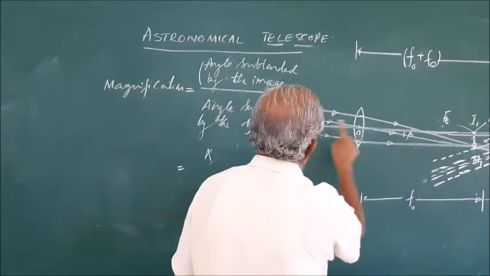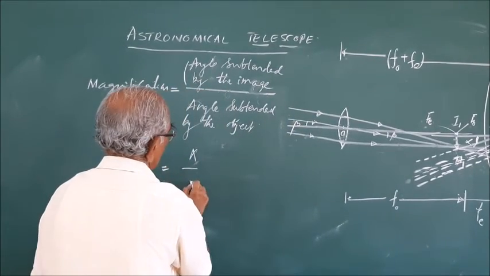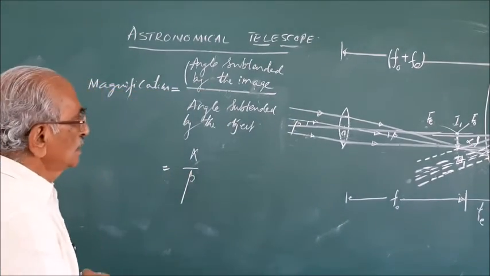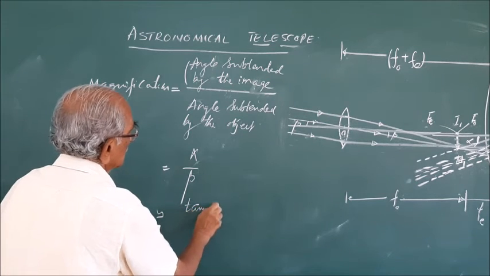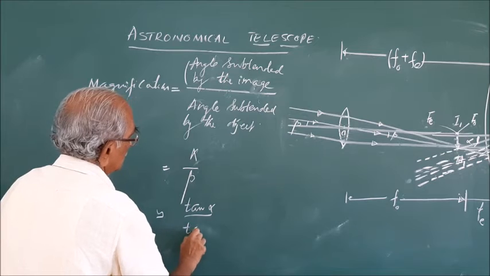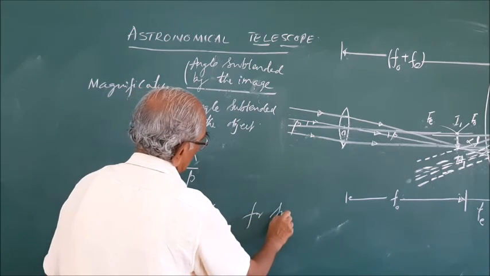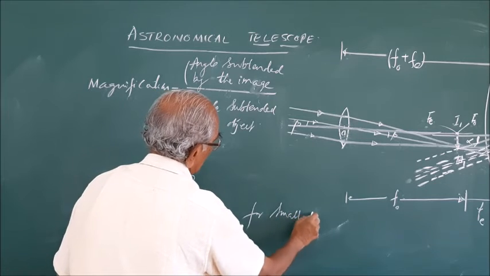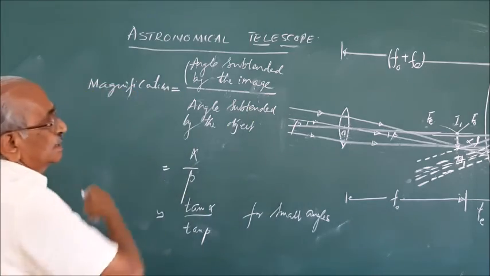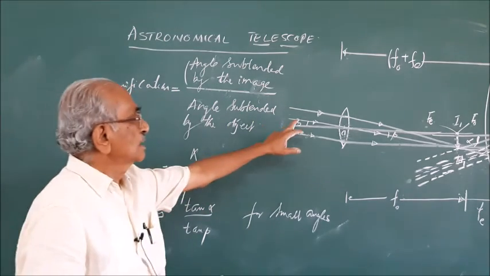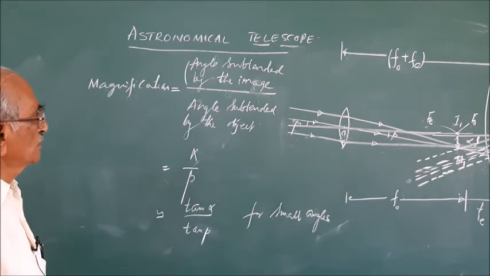And the object subtends an angle beta. So, it is alpha by beta. Now, for all practical purposes, this can be written as tan alpha by tan beta, for small angles. Remember that the object is at infinite distance, therefore, this angle is really very, very small.